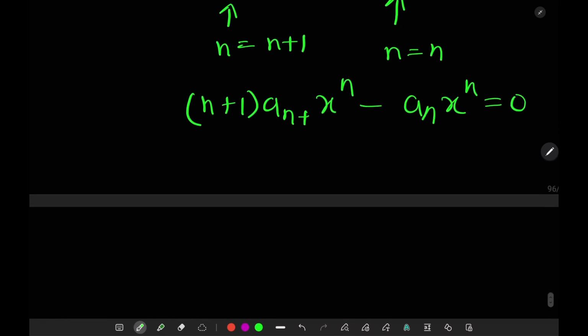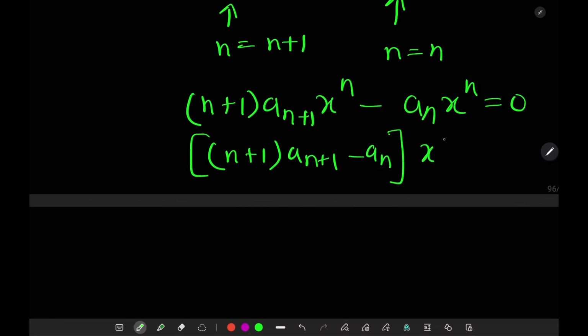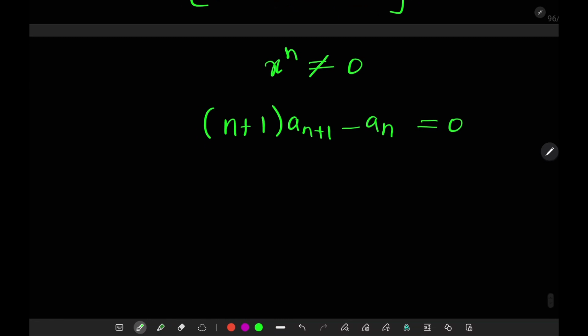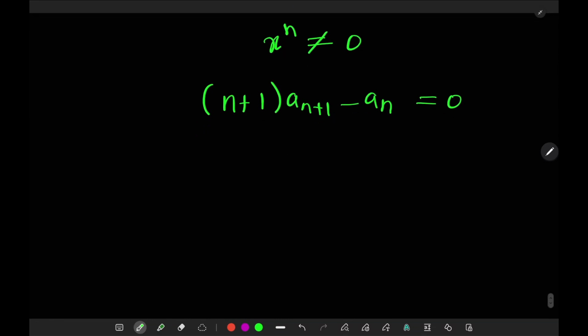Now taking x raised to power n common, since x raised to power n does not equal 0, n plus 1 into a n plus 1 minus a n equals 0. Now a n plus 1 is equal to a n divided by n plus 1.